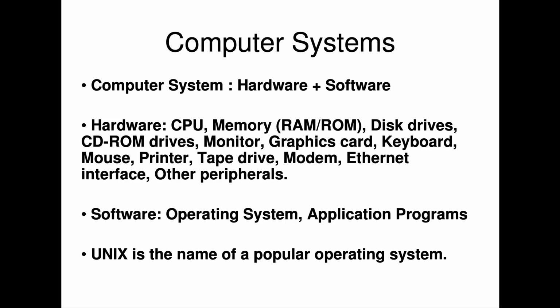It's called hardware, like the central processing unit, the memory, disk drives, CD-ROM drives, monitors, USB drives, graphic card, keyboard, mouse, printer, and it can go to other peripheral devices like that.